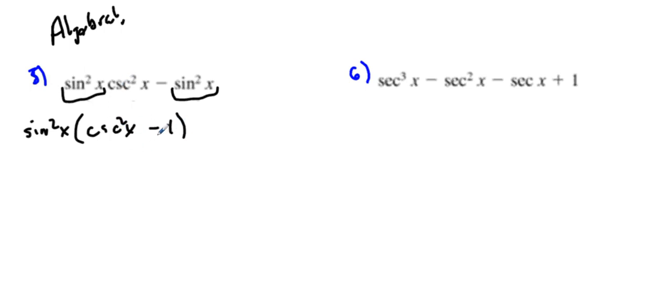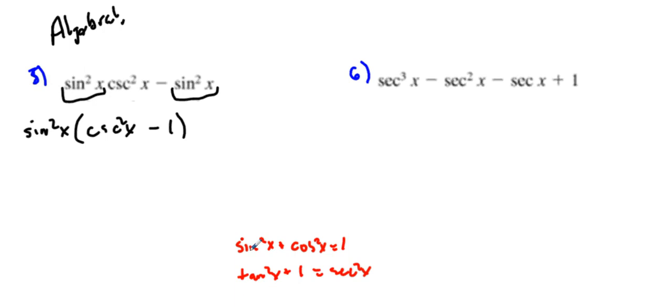Now, cosecant squared of x minus 1, recall, relates to one of our trig identities. Our fundamental identity is sine squared of x plus cosine squared of x equals 1. If we divide by cosine squared, we have tangent squared of x plus 1 equals secant squared of x.